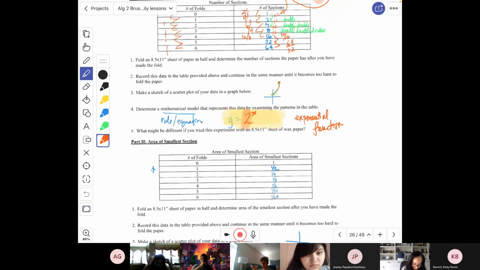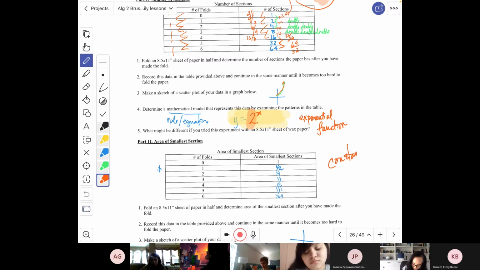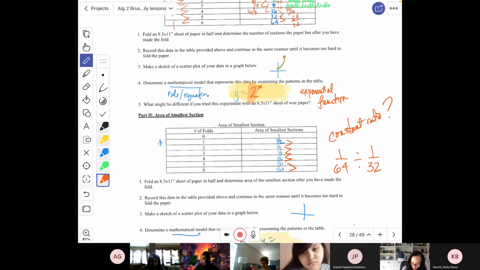Do I have a constant ratio there? Is there a constant ratio? In other words, if I take these and divide consecutive outputs, so technically 1/64 divided by 1/32, which means I have 1 over 6.